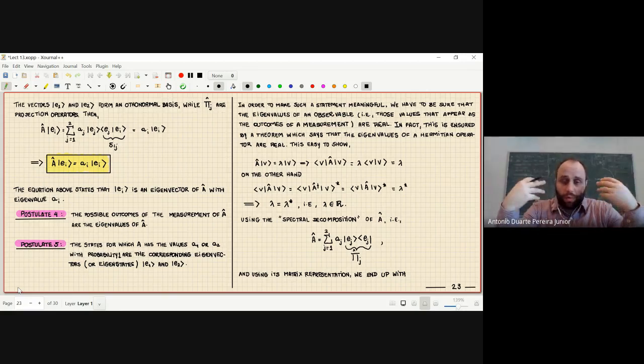Moreover, you can have more abstract operators which are Hermitian. For instance, there are operators that you don't write in terms of matrices, right? You know already an operator that is the derivative operator. The derivative operator acts on functions and gives you the derivative of the function.